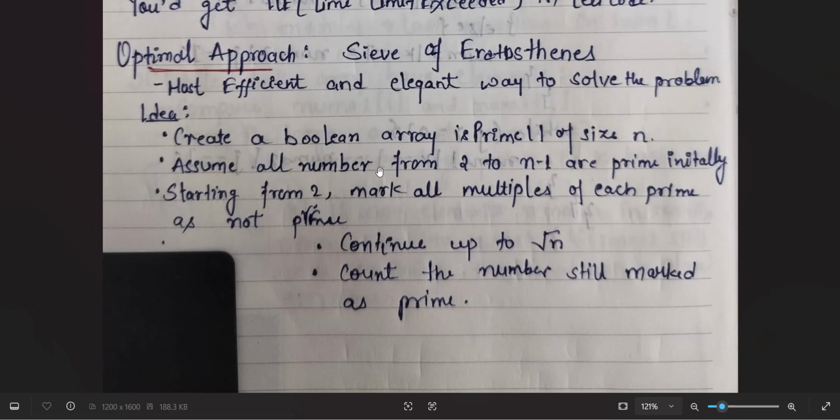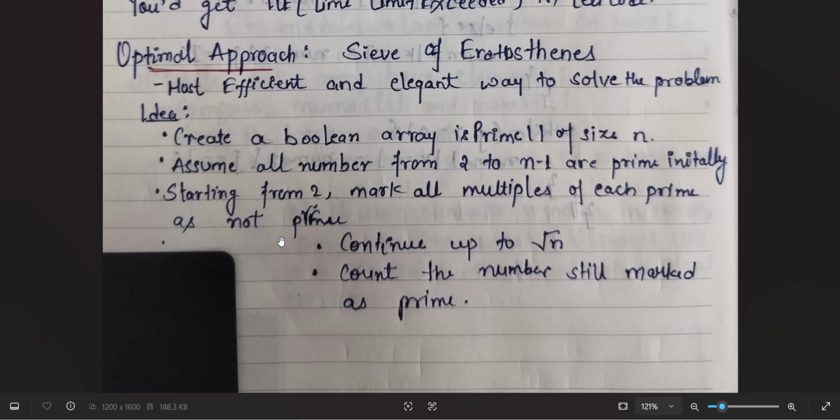Assume all numbers from 2 to n minus 1 are prime initially. It means we initially take all the numbers lying between 2 and n minus 1 as prime. Starting from 2, mark all multiples of each prime as not prime.